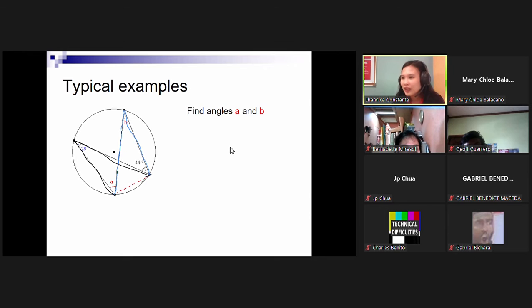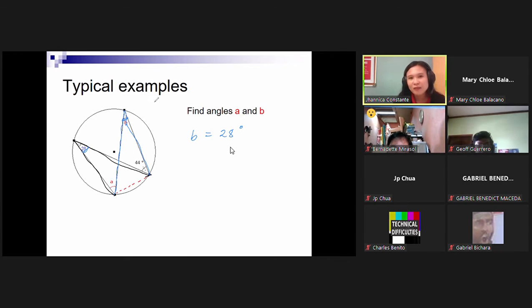Yes, they are sharing the same chord. If they share the same chord, it means angle B is equal to 28 degrees also, since they have the same chord.